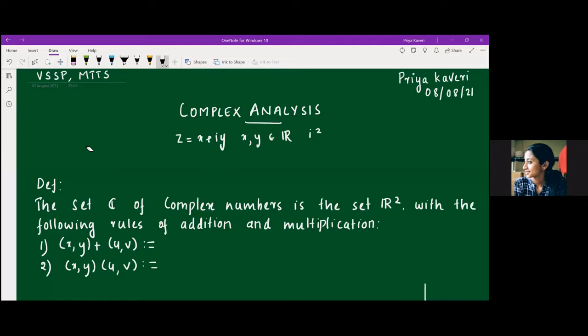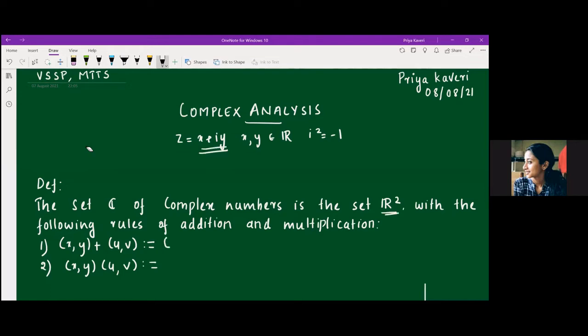Okay. So the set C of complex numbers is the set R2 with the following rules of addition and multiplication. How are we defining addition? Addition is just the component-wise addition, that is (x, y) plus (u, v) is defined as (x plus u, y plus v).